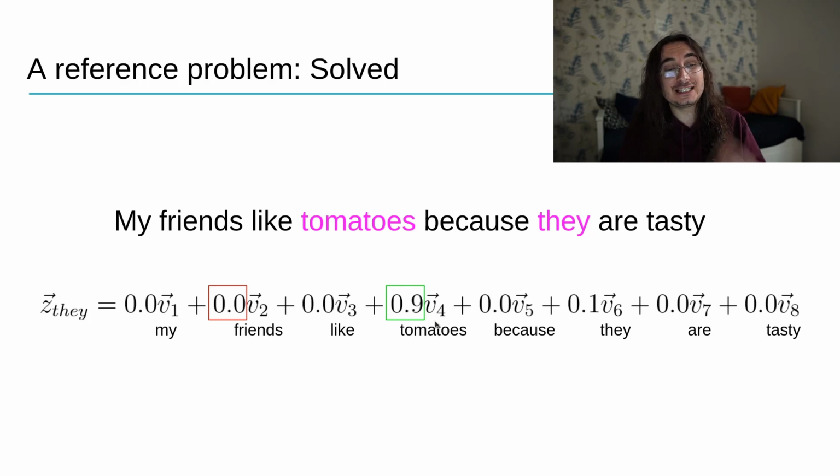In other words, here we understand how powerful this attention mechanism is, because by looking at these attention vectors, we can see what these words, like in this case "they", are related to in terms of other words. And in this case, "they" is mainly related to tomatoes.